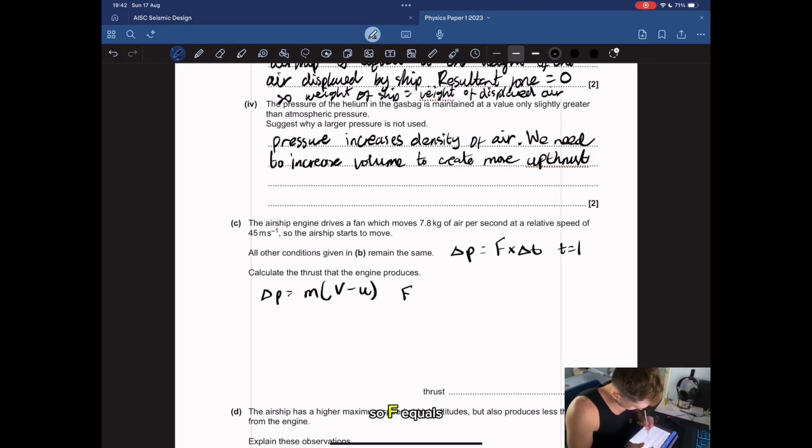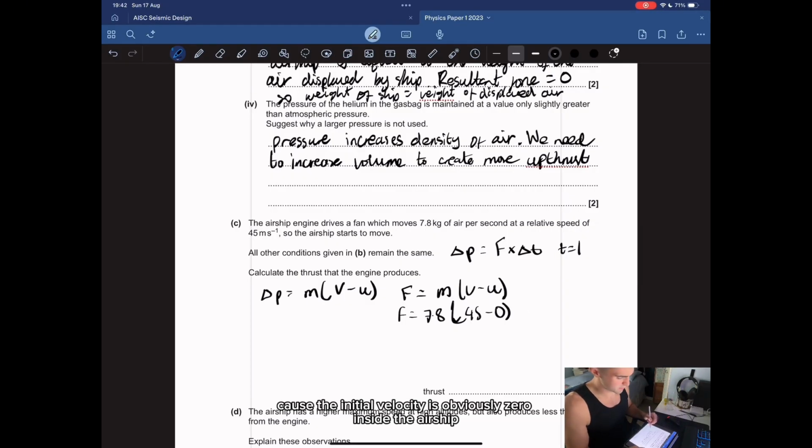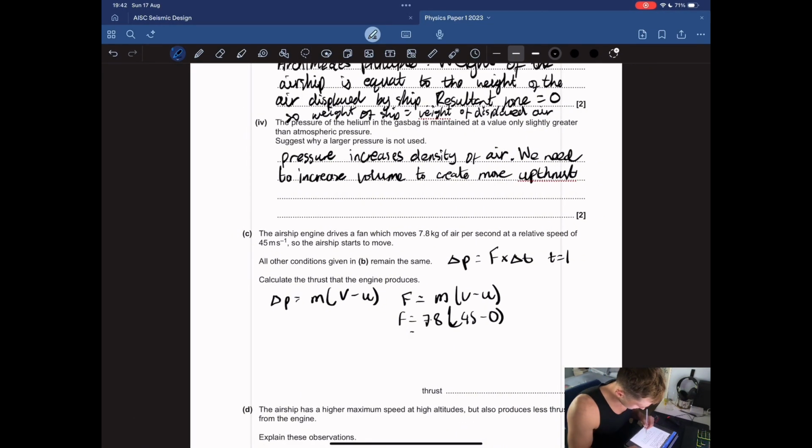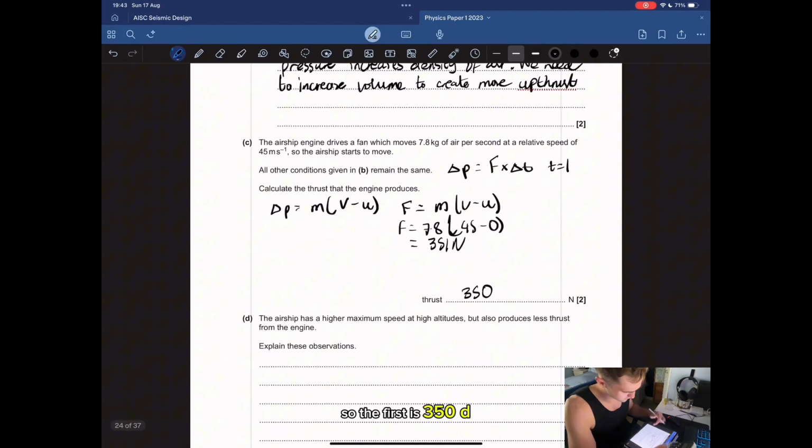So F is the mass per second times v minus u, so 7.8 times 45 minus 0, because the initial velocity is 0 inside the airship relative to where the airship's moving. Which is 351 newtons, so the thrust is 350.